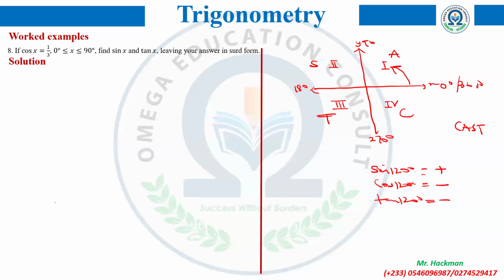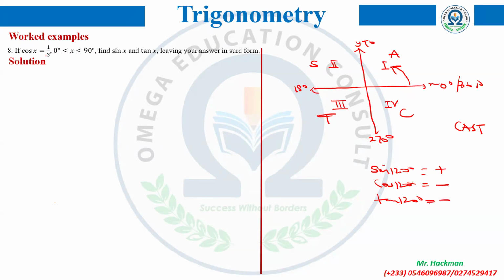Yes. Okay, so here, let me restrict myself to cos. Cos of any angle, so cos x, because x is in the first quadrant, I know that cos of x will give me a positive result. That's why it is 1/3. This will be the ratio, and you can see that it is positive.